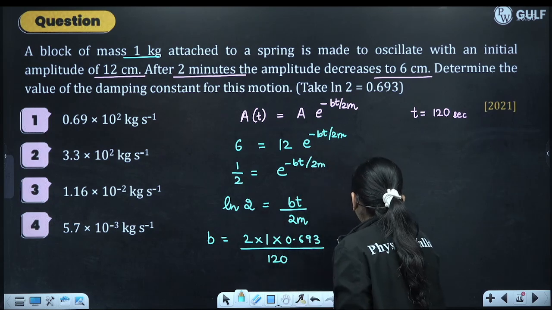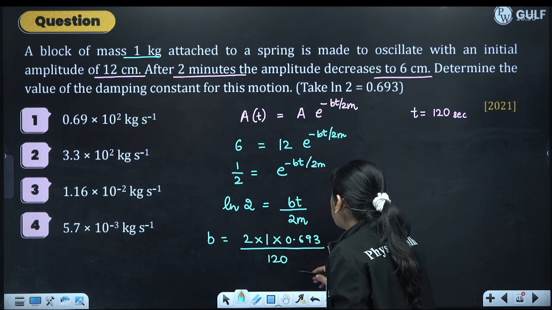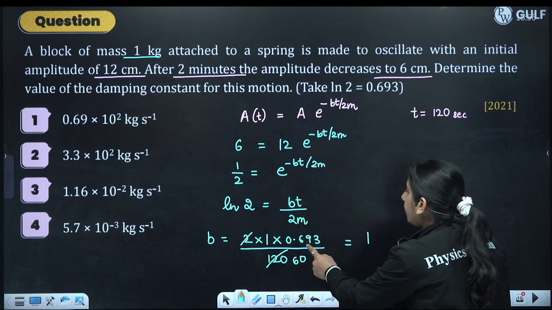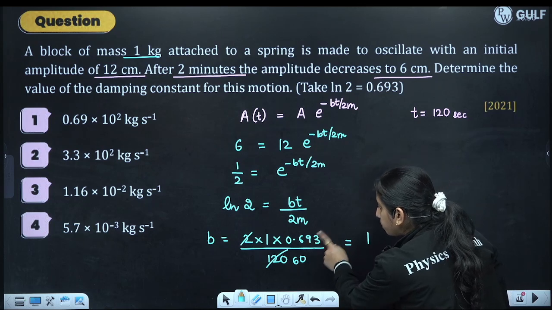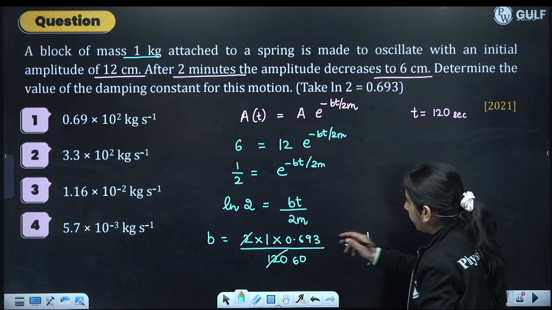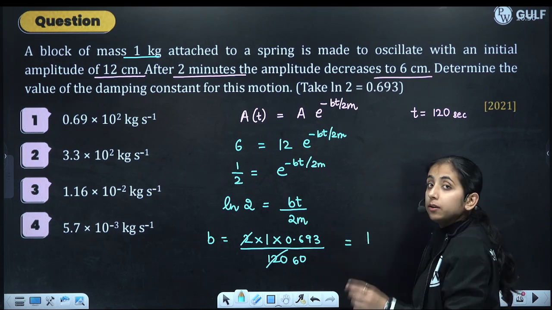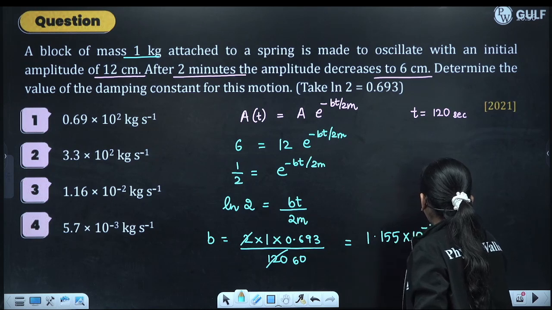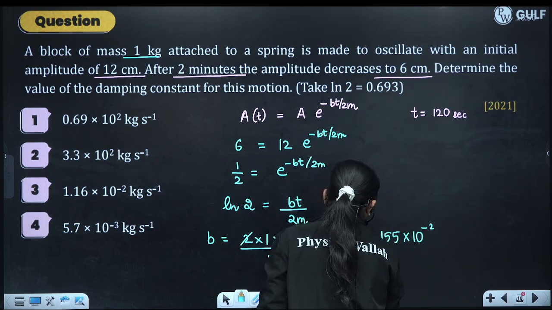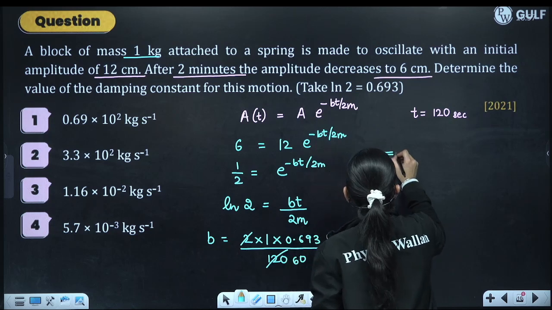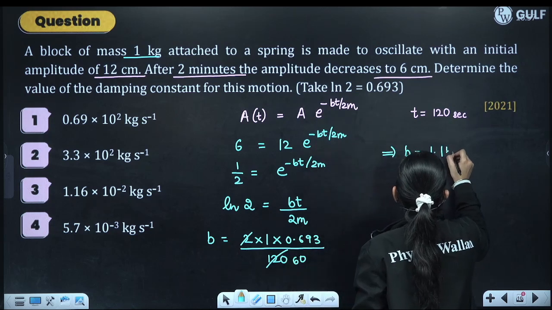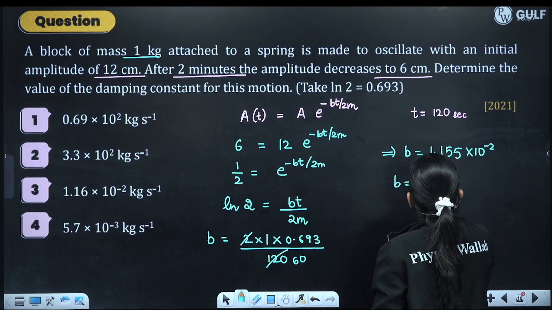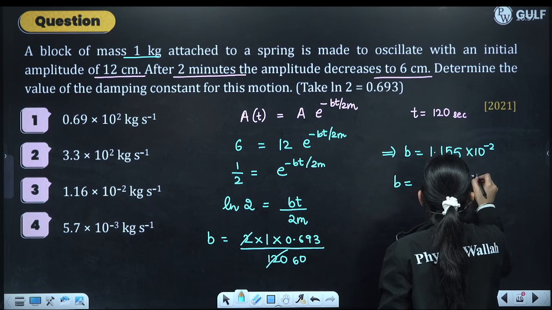When you solve it, the 2 and 2 cancel and this will be 60. This gives 6.9 into 10 raised to the power minus 1, and on dividing we will get 1.155 into 10 raised to the power minus 2, which is approximately equal to 1.16 into 10 raised to the power minus 2.